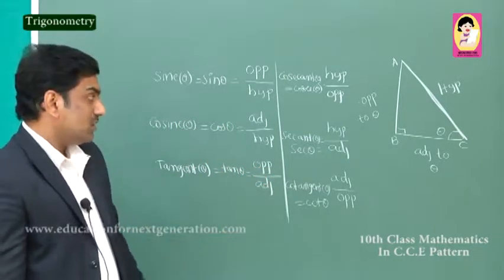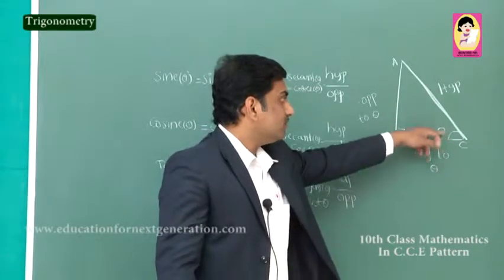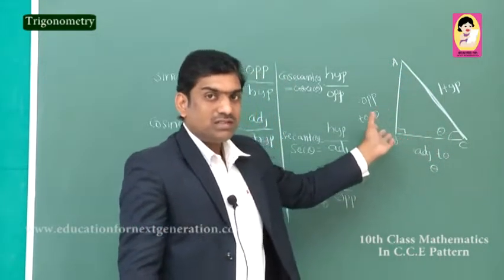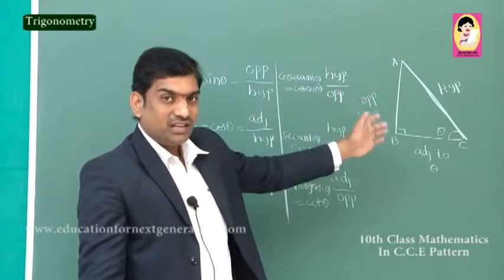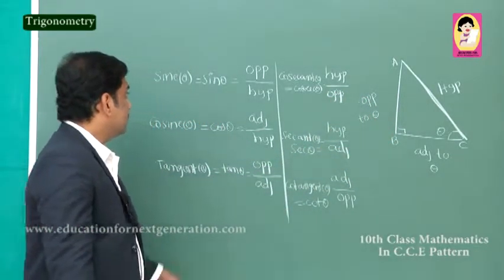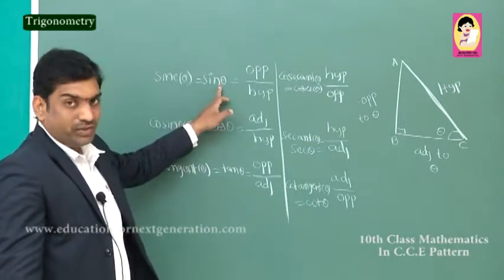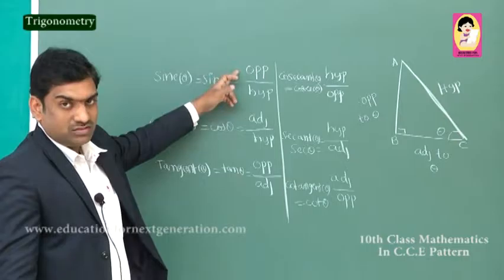What is the meaning of trigonometry? Three angle measurement. If we consider the triangle, we have 3 angles: 1, 2, 3. We are discussing the measurement of angles with the help of sides. See here, sin theta: we are calculating the value of theta with the help of 2 sides.